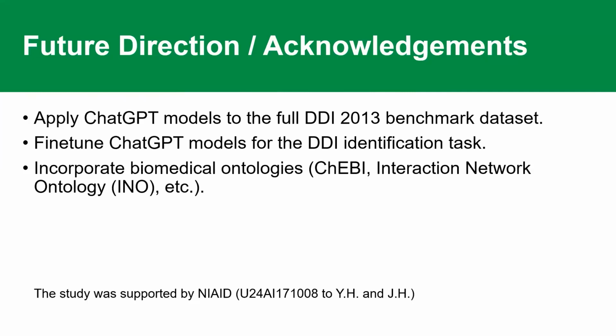This is just a pre-trained model. We used the model as it is. So we want to fine-tune these models for the drug-drug identification task, and we want to see if there is an improvement after fine-tuning. And we want to incorporate the biomedical ontologies, for example, CHEBI or ION, etc., with our task.